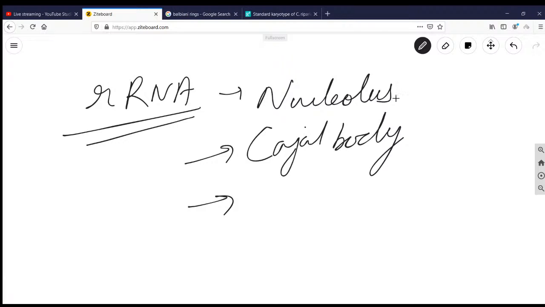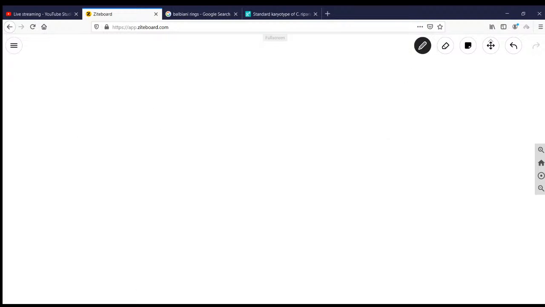It contains the nucleolar organizing center also, and you can have 10 nucleoli per cell. Each nucleolus is the active site of production of ribosomal RNA.